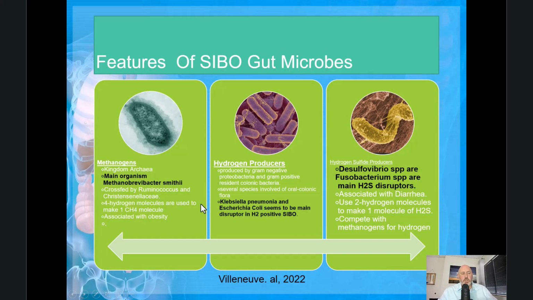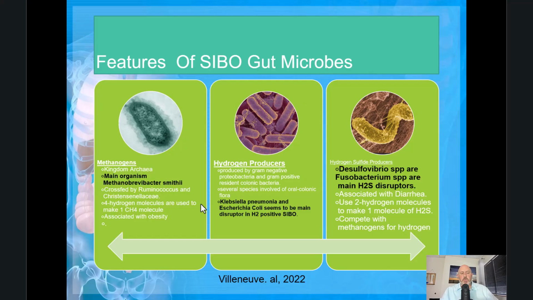More on these features. Methanogens are very interesting. We've learned recently that they are cross-fed by microbes, two of them being Ruminococcus and Christensenellaceae. These microbes provide and feed these archaea organisms with hydrogen, and the presence of them working together tends to lead to increased archaeal growth and increased methane production.